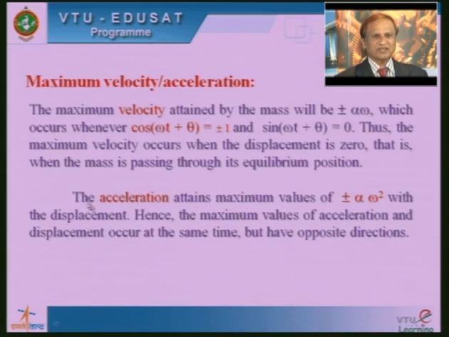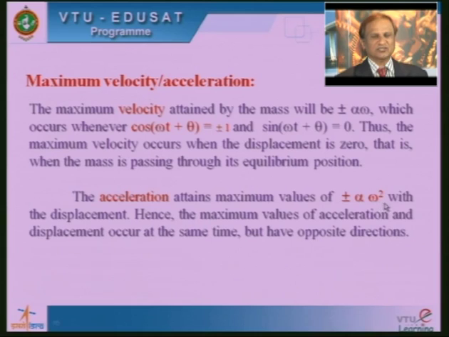That is when the mass is passing through its equilibrium position. At the equilibrium position we said that the displacement is 0. In a similar way the acceleration attains its maximum values of plus or minus alpha into omega square with the displacement. Hence, the maximum values of acceleration and displacement occur at the same time, but have opposite direction.